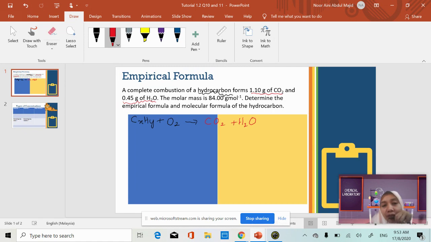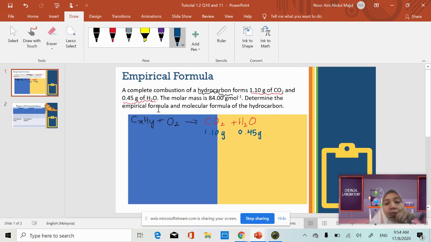What are the information given in the question? We have mass of CO2, which is 1.1 gram, and mass of H2O, that is 0.45 gram. We want to know our x and y here.